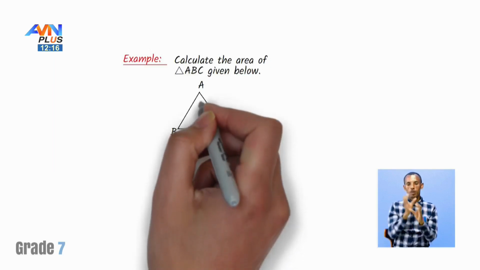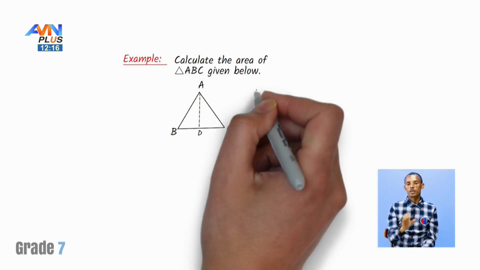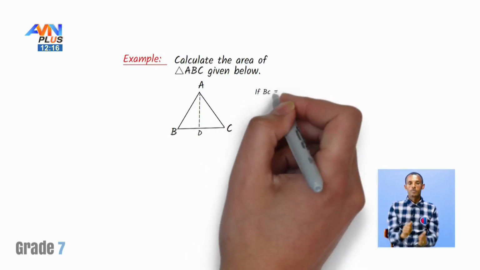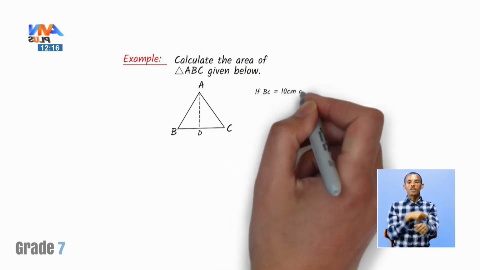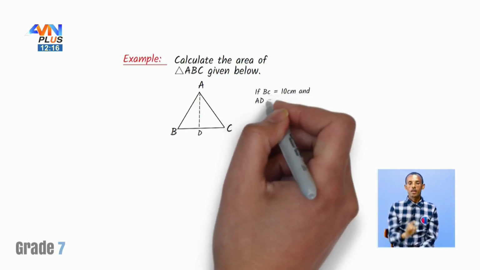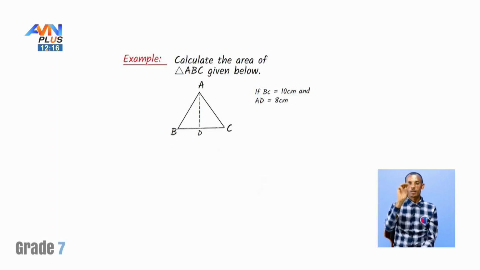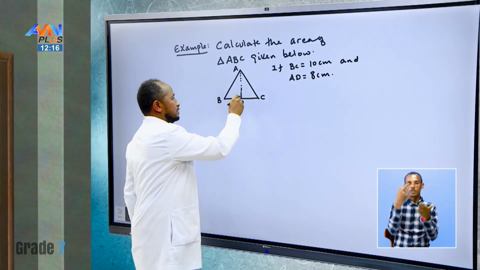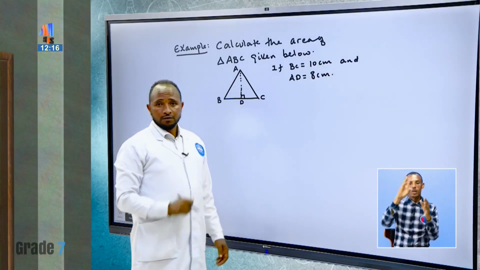Calculate the area of triangle ABC if the length of BC is equal to 10 centimeter and the length of AD is equal to 8 centimeter. So how do you calculate the area of this triangle? Please try this question. I'll give you 20 seconds.